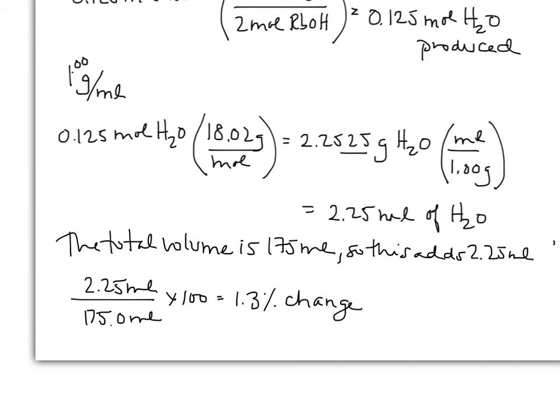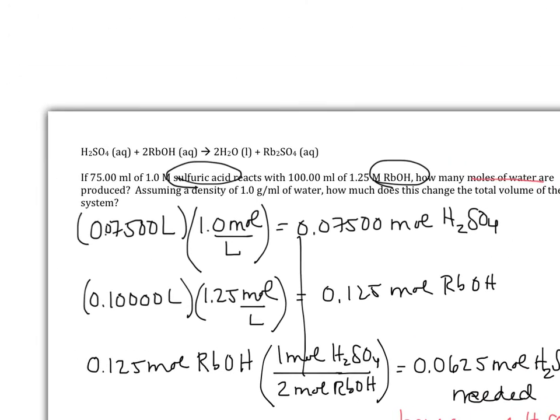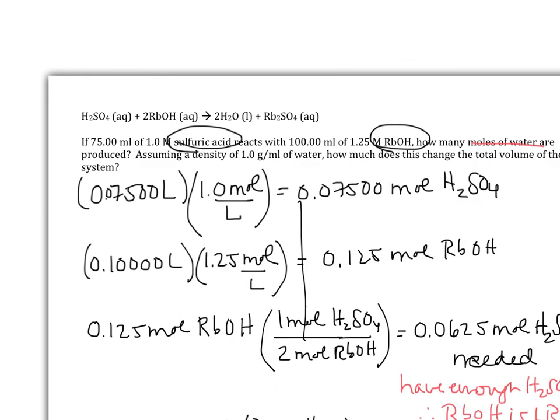And those of you who are following my sig figs are going to recognize that it's not 1.3, it's 1.28% change. So the additional water that's produced has a small impact on the volume, but for the most part, when we add that amount of water, it's not a large change to the total volume of the system.